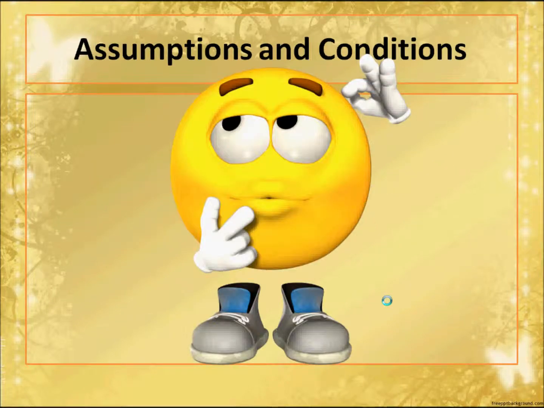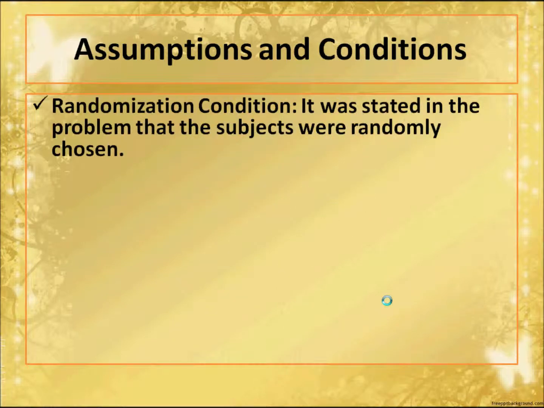Well, now I have to check my assumptions and conditions. Randomization condition: it was stated in the problem that the subjects were randomly chosen for the groups they were going into.